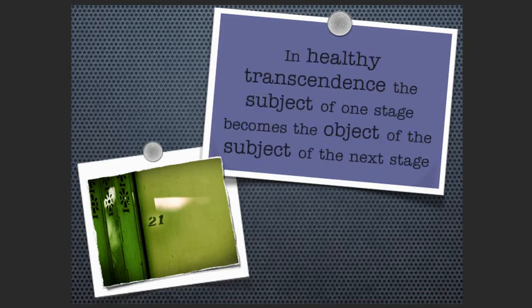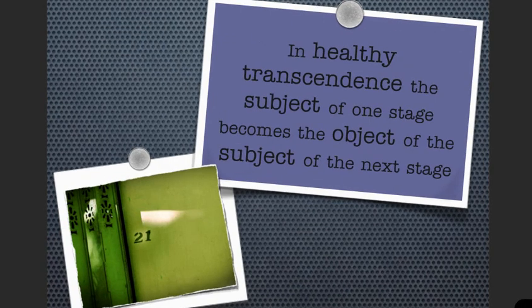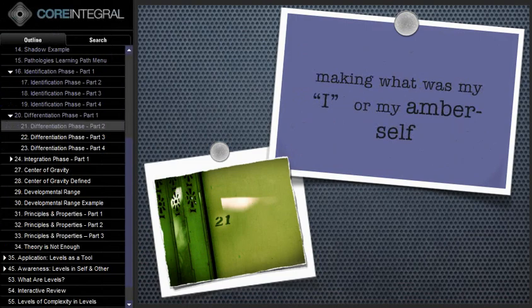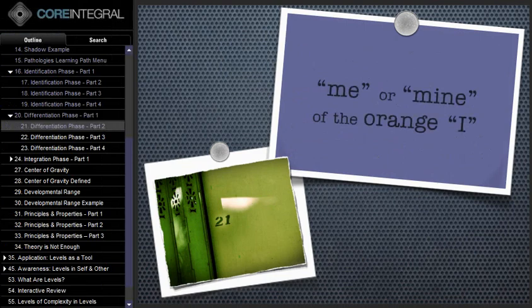In healthy transcendence, the subject of one stage becomes the object of the subject of the next stage. In other words, if I am transcending my amber self, I am essentially making what was my I, or my amber self, into the me or mine of the orange I. For instance, when I develop into a formal operational level of cognition, what was once my concrete operational identification is transcended and becomes an object possessed by my now formal operational being.